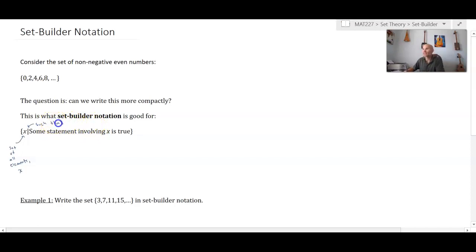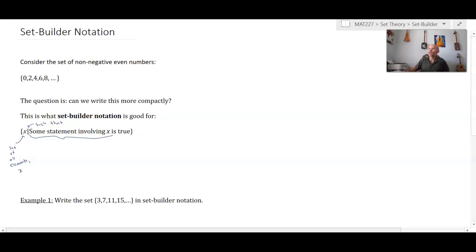And what's on the right of that such that is information about what kinds of x will live inside of that set. That some statement involving x is true means that we are going to give it a qualifier and a quantifier, perhaps, if we're dealing with numerical values.